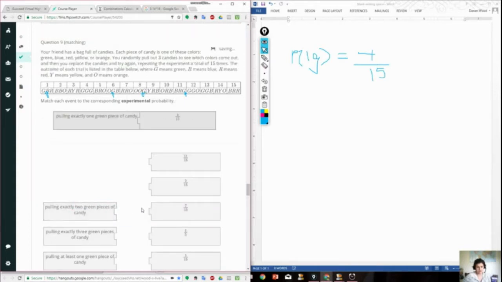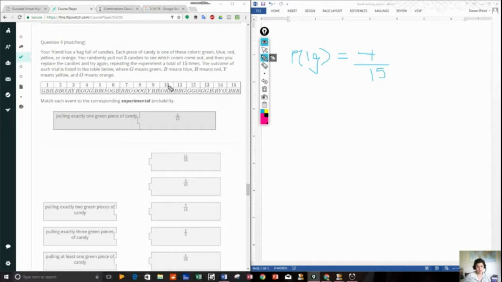Alright, pulling exactly 2 green pieces of candy. So I'm going to go through again and count each event that has 2 green candies. So event, let's see, event 12 has exactly 2.